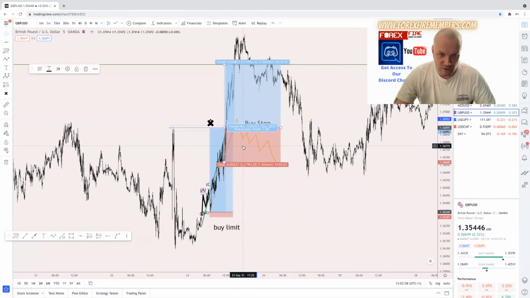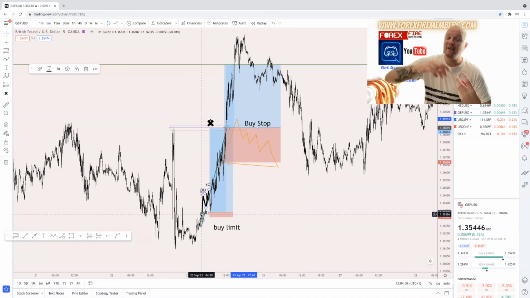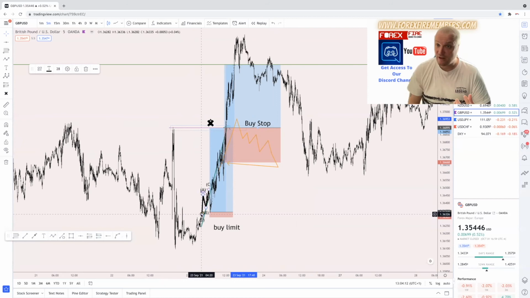Okay, so again, buy limit is where we are expecting a flag of price back down to an area to respect an entry, and then to bounce off the order or the price area to then do a price reversal, and that will be your limit order.